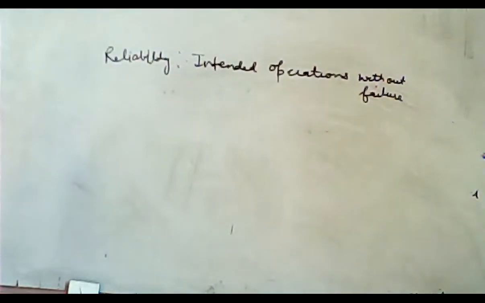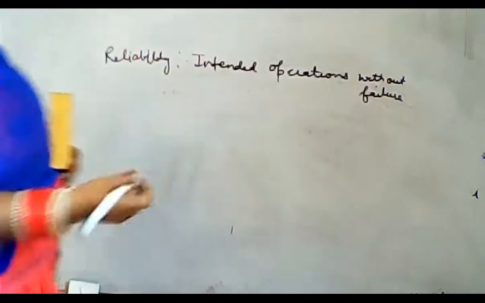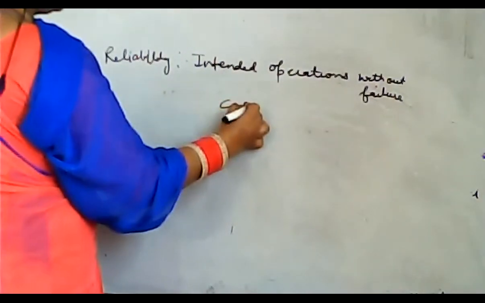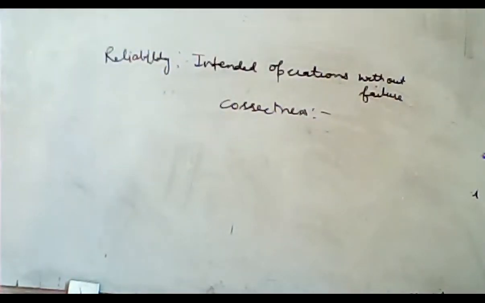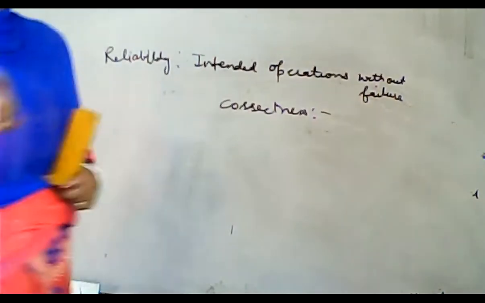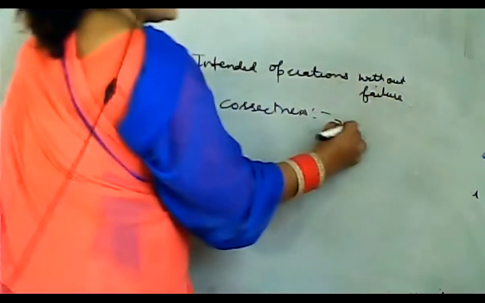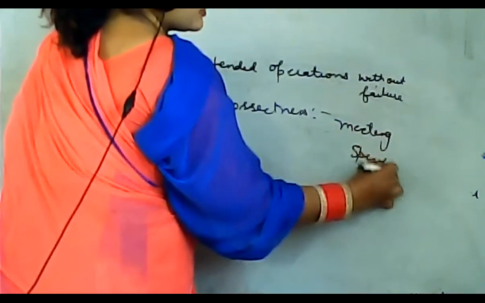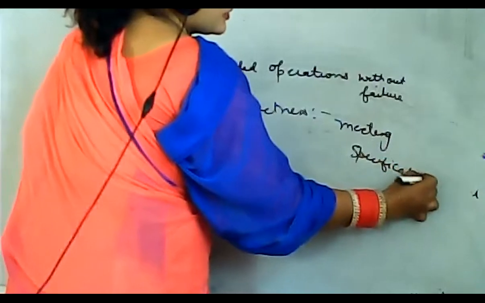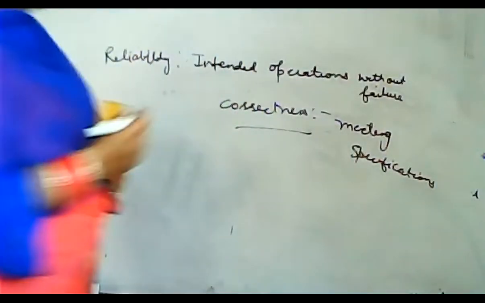Correctness is defined when we can say the extent to which a software meets its specification. So meeting specification means the software is correct.